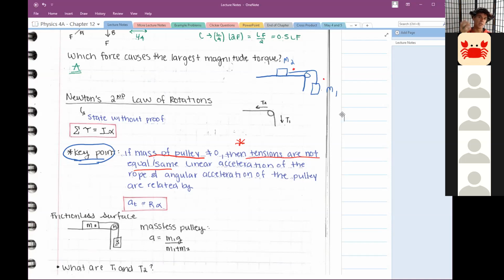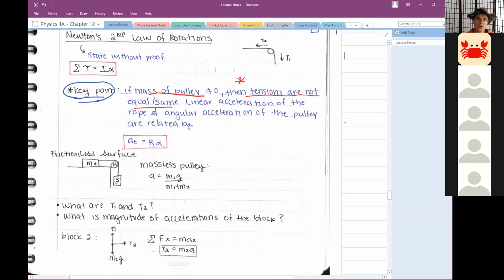But if the pulley is not massless, then the tension is no longer going to be the same. I have to have the tension on one side bigger than the tension on the other so that there's a net torque causing it to rotate. The other thing is, just like we relate the tangential speed to the angular speed by v equals r omega, we're now going to relate the angular acceleration of the pulley and the linear acceleration of the rope.